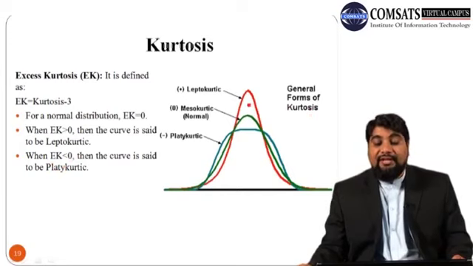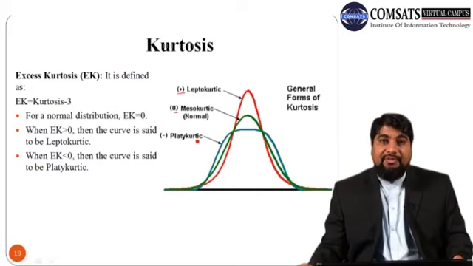So here in the diagram, when we get excess kurtosis positive, it is leptokurtic, and when it is 0, we get mesokurtic or normal distribution, normal curve, and when it is negative, we get platykurtic. So this is one very important concept which we can use in order to calculate kurtosis.